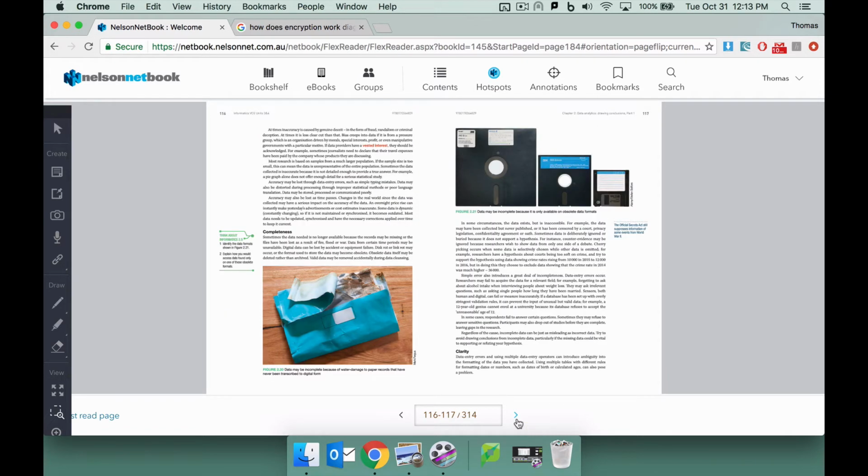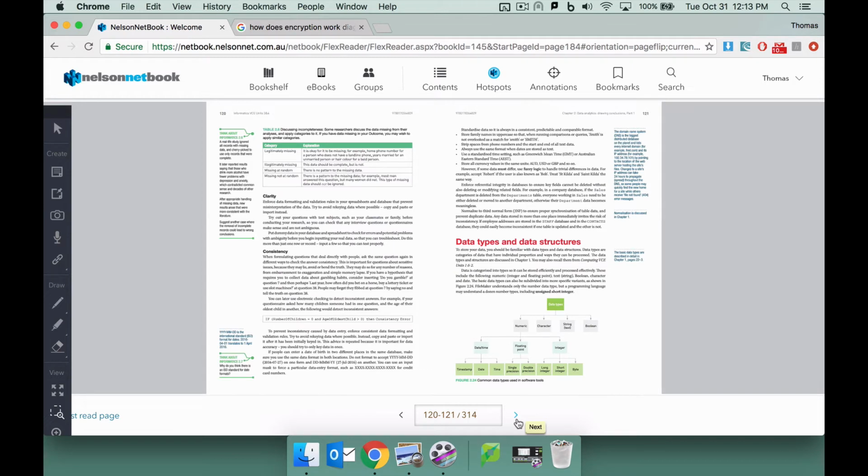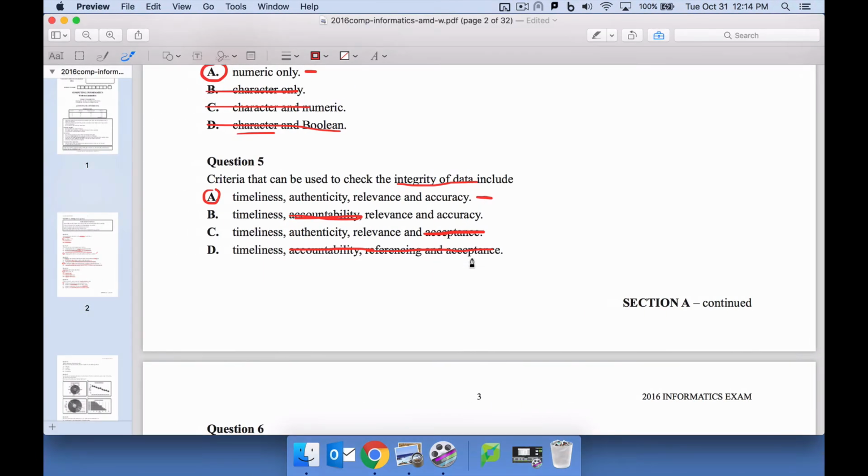There's no accountability, there's no referencing, and there is no, there we go, to the end of here, data types. And what was the other dodgy one? No acceptance. So there's timeliness, authenticity, relevance, and accuracy.